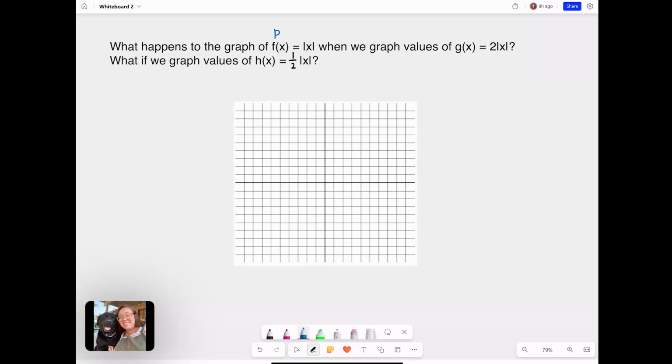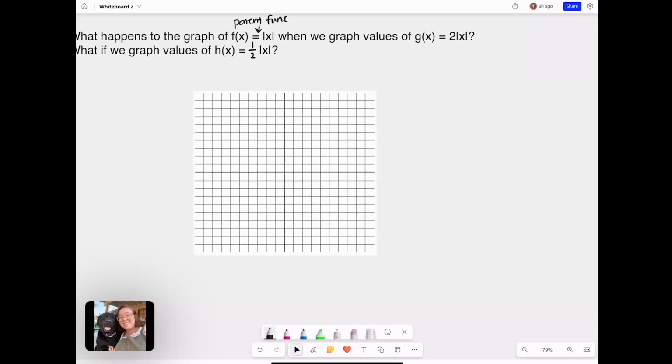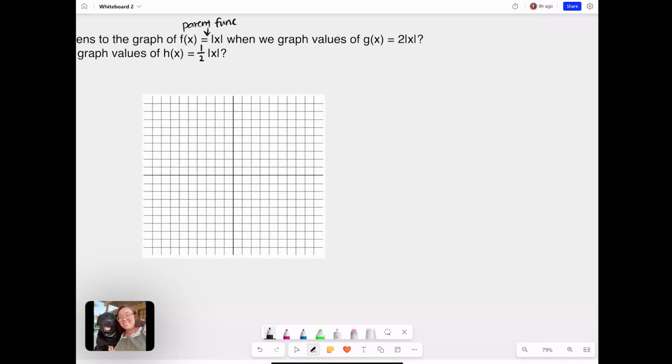Let me put that in blue. Well, this is our parent function, f of x is absolute x, and I think it's helpful if we just graph that. So x, f of x, and let's graph.